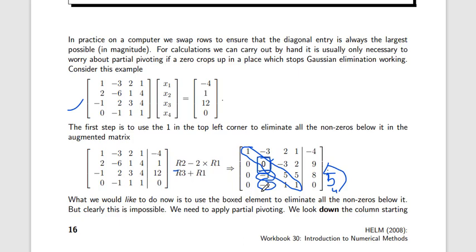If it does not, then with the help of partial pivoting we can change the row. The third row will become the second row, or the fourth row will become the second row. We will interchange two rows. So this is partial pivoting.